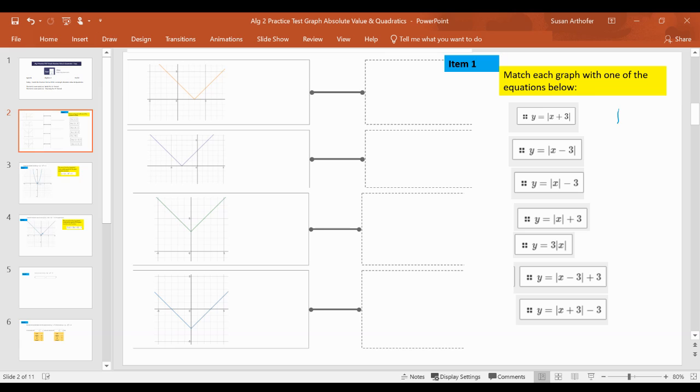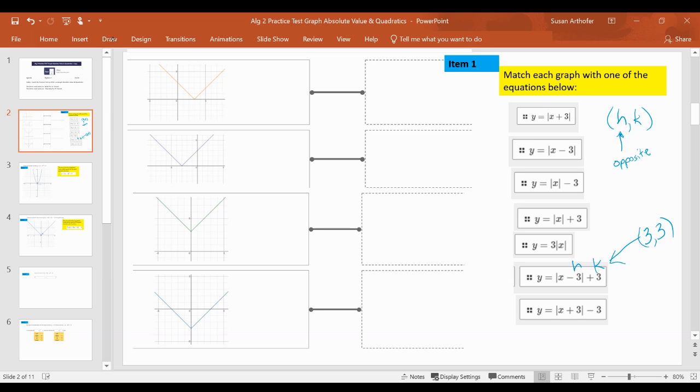So remember, H comma K is the vertex, and remember that H is always the one that's opposite of what you see. So for instance, this one right here, the vertex H is right here, K is always on the outside. So H is opposite, so it needs to be a positive 3, and K is on the outside, another positive 3. So the vertex for this equation is 3, 3.